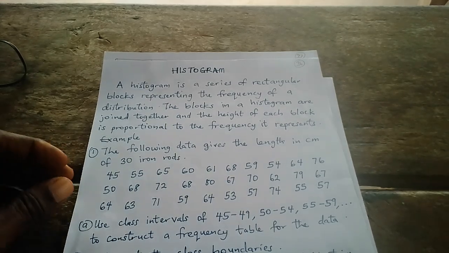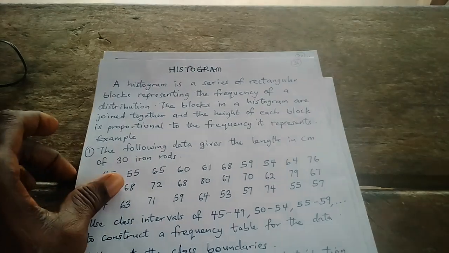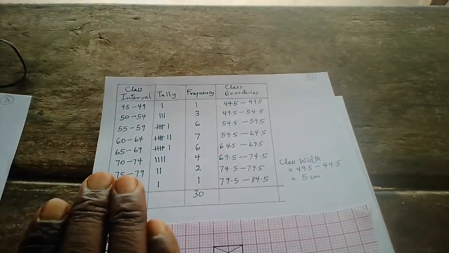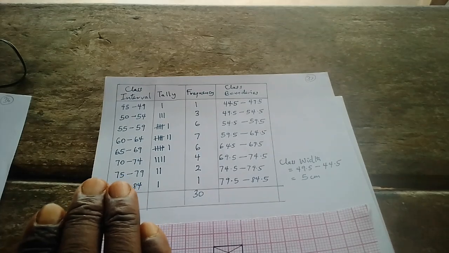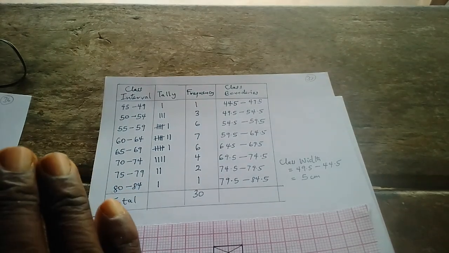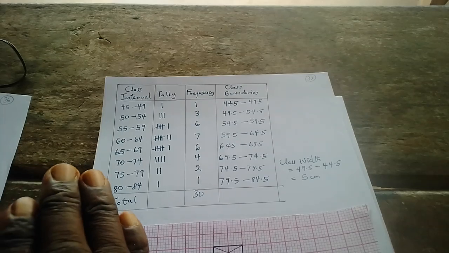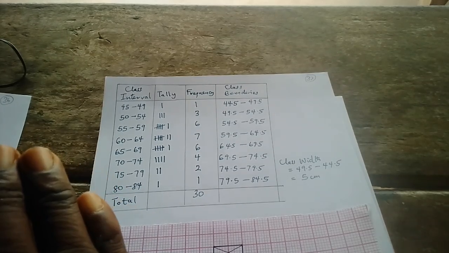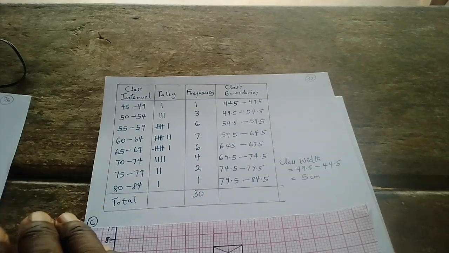So this is an example of grouped data. If you are having problems with grouping them, you can download the previous lesson. It has been done extensively in that lesson, so make sure you download it to understand it better.